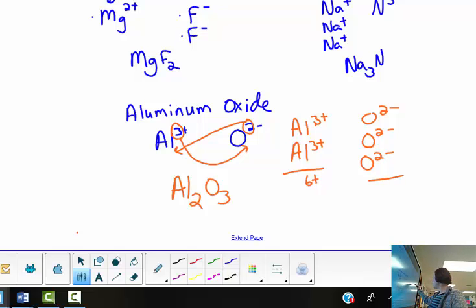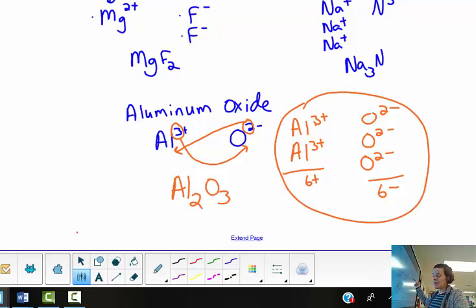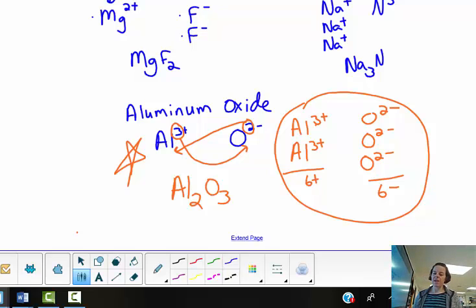Great. 2- 2- 2- is 6-. Okay, so in total they cancel out. You can do this if you want, but it's not necessary. If you just want to do the charge flip trick, it works every time and you will be fine, okay? Whichever way makes more sense in your brain, that's what you should do.